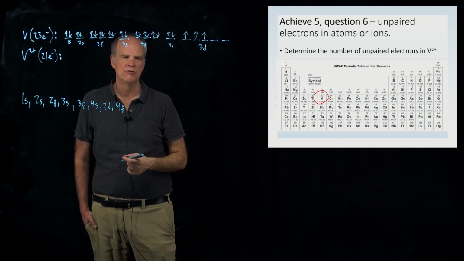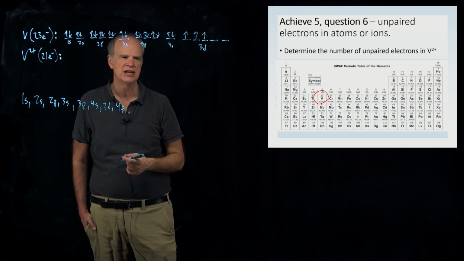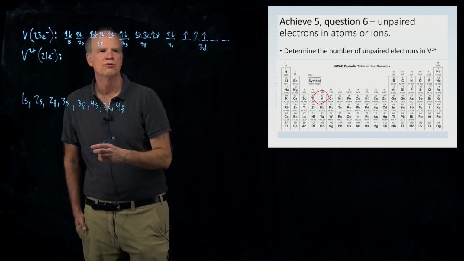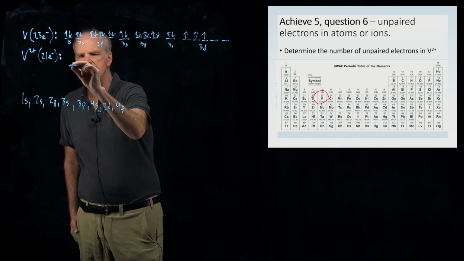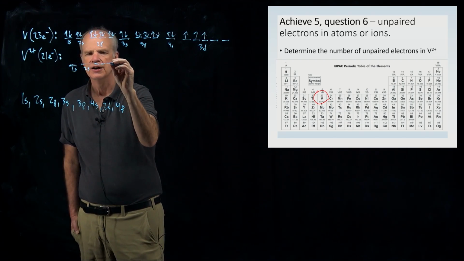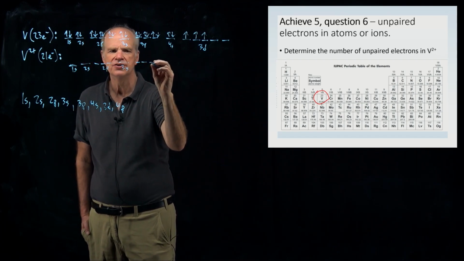But really what we need is an orbital notation of the vanadium cation, and then we can figure out how many unpaired electrons there are. So I'm going to write out the same thing up to a point, and I'll explain how the vanadium cation is different. So let me just quickly do this.